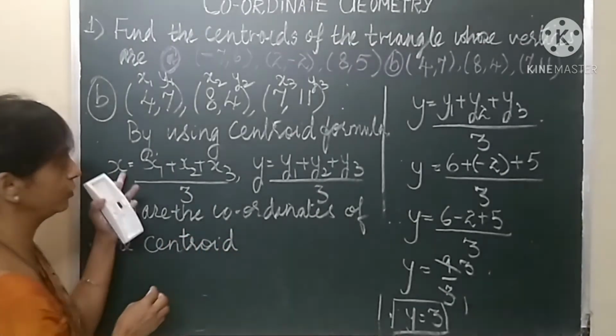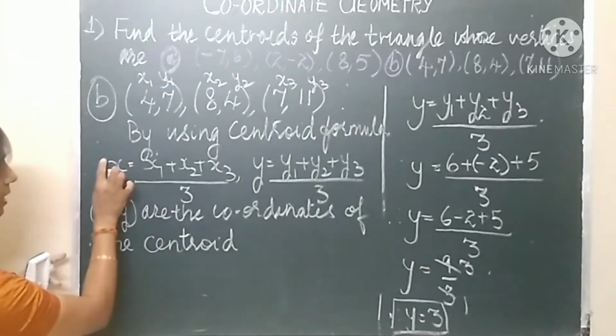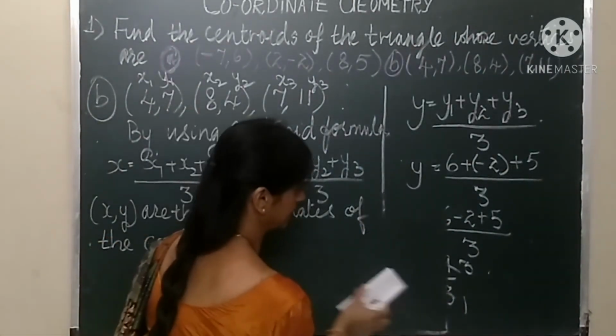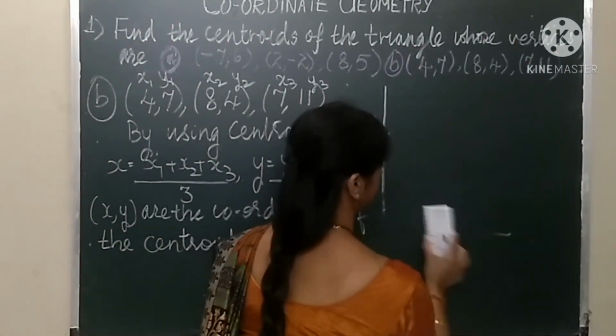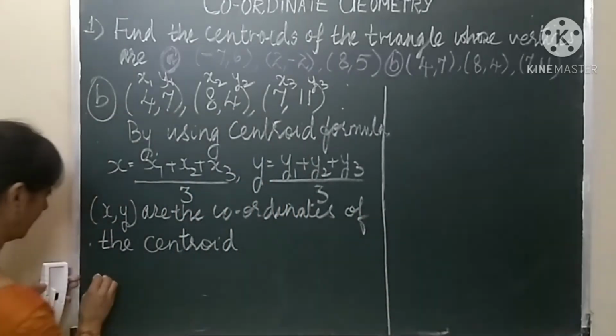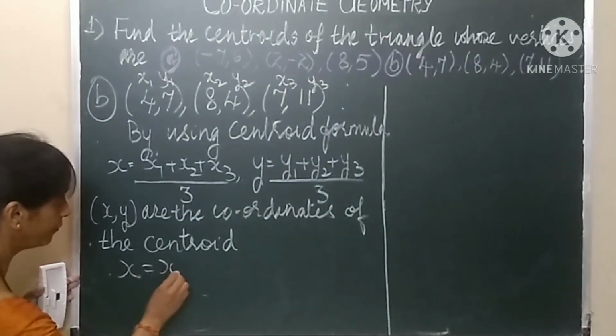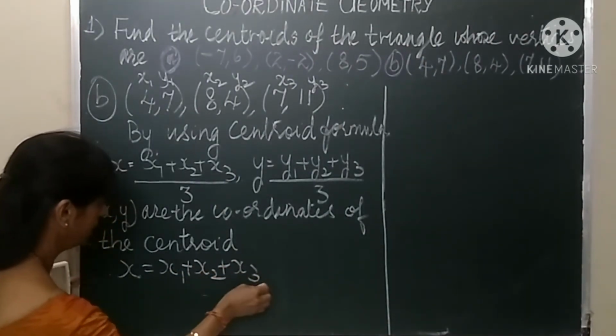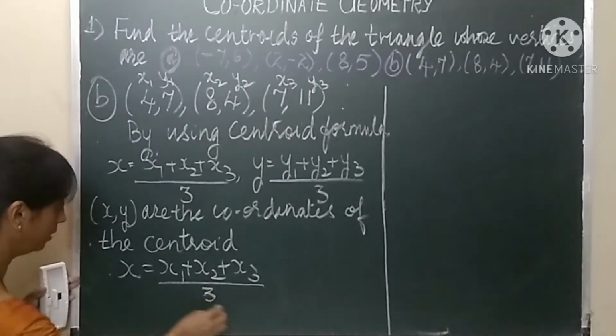And yes, we have to calculate x as well as y. So to begin with, let's first calculate x. So therefore, let me write down the formula. x1 plus x2 plus x3 upon 3.